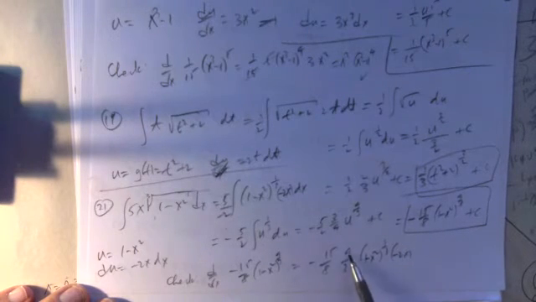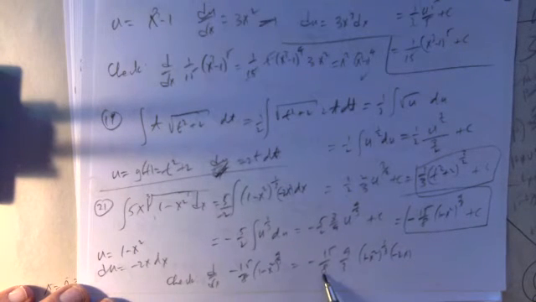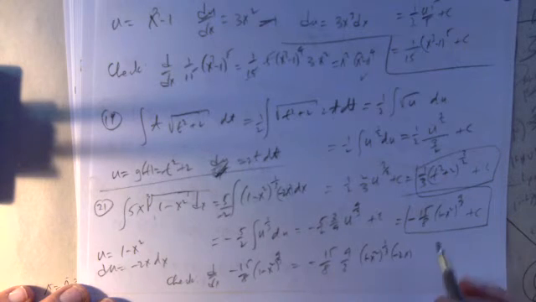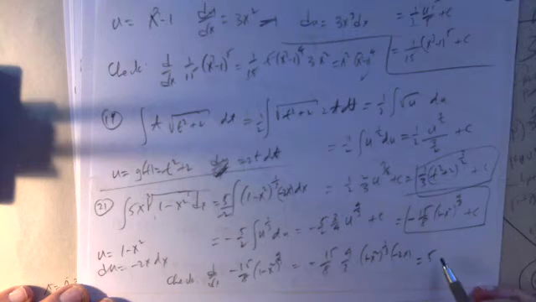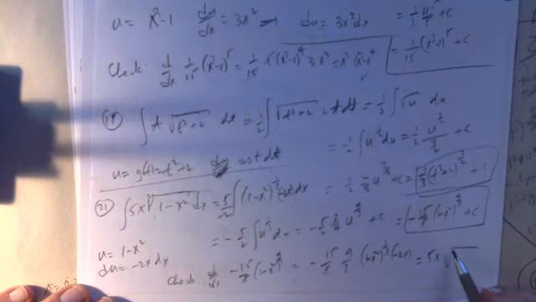And minus 2 times 4 is minus 8. Cancels that. And 3 into 15 is 5. This is 5x times the cube root of 1 minus x squared.